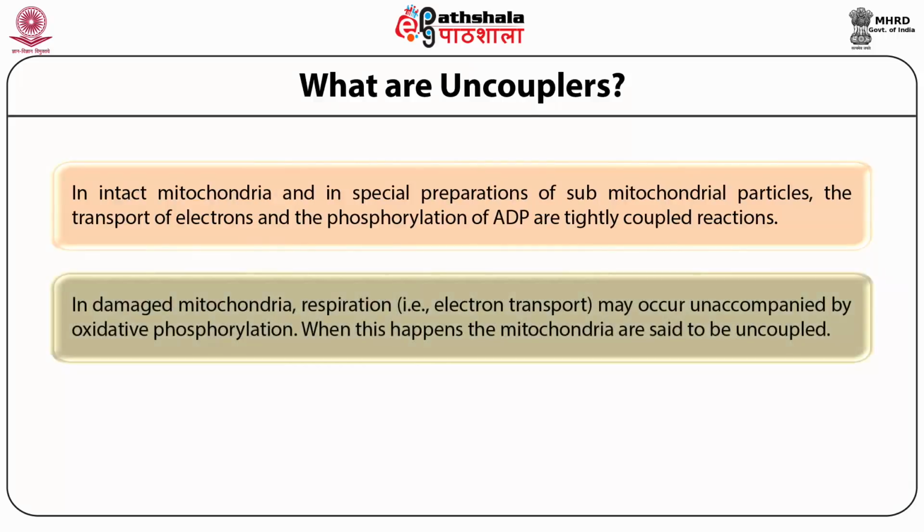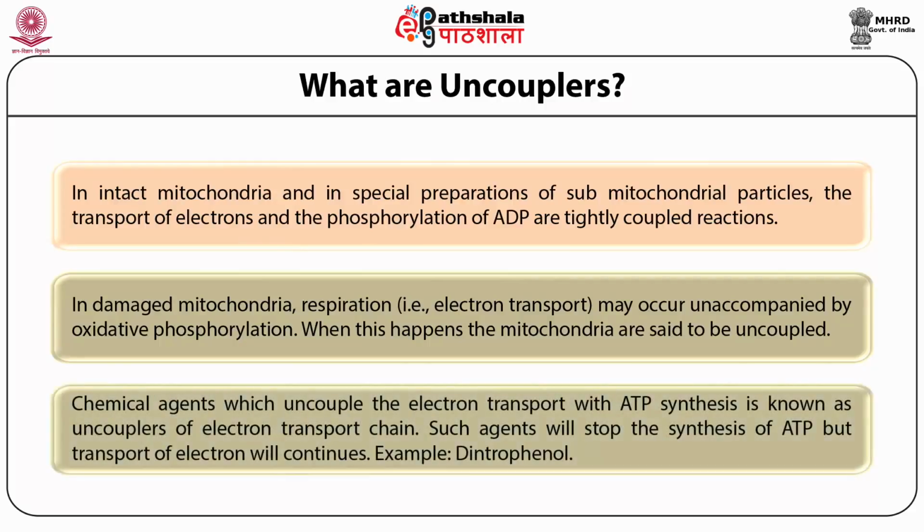In damaged mitochondria, electron transport may occur through the electron carriers, but it is not coupled with oxidative phosphorylation. When the transport of electrons occurs but ATP is not generated through oxidative phosphorylation, the mitochondria are said to be uncoupled.